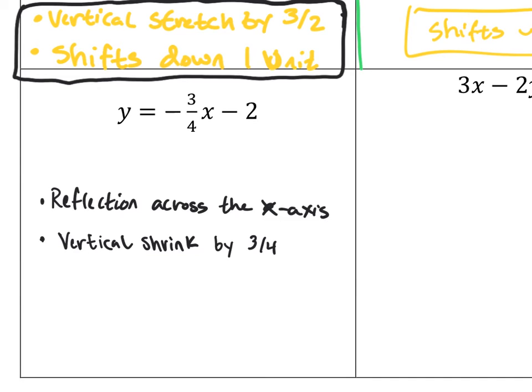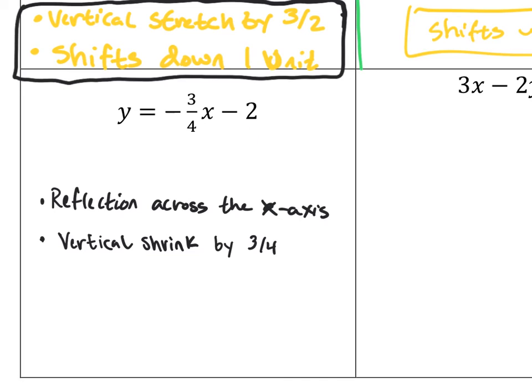You have to then look at your y-intercept, not your slope-intercept. What number is back here? -2. Well, it's your y-intercept, so it's going to go up or down just like the y-axis.